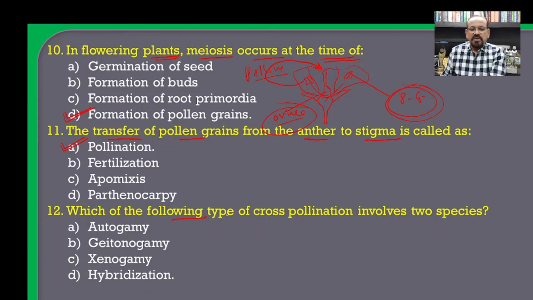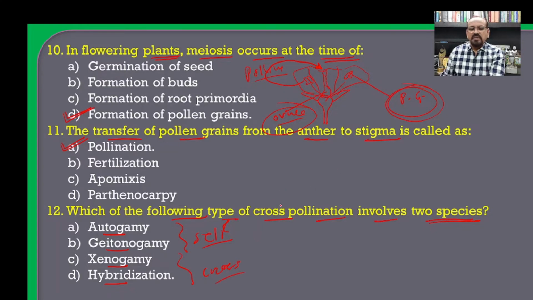Which of the following types of cross pollination involves two species? We have options: autogamy, geitonogamy, xenogamy and hybridization, of which autogamy and geitonogamy are types of self-pollination, and xenogamy and hybridization are types of cross-pollination.